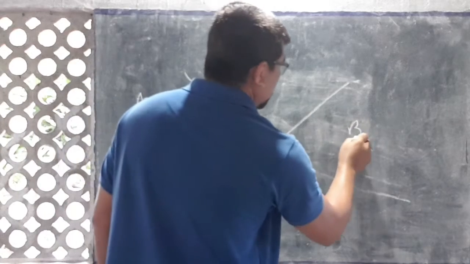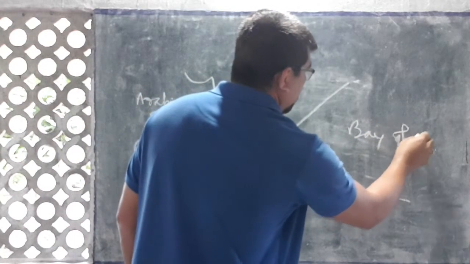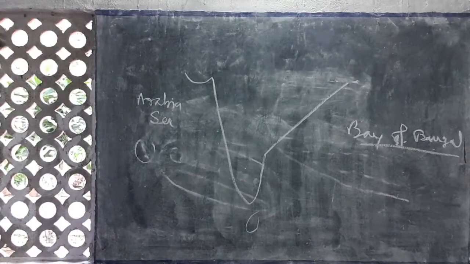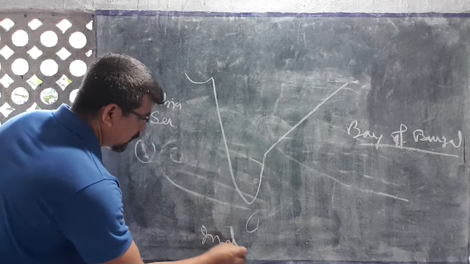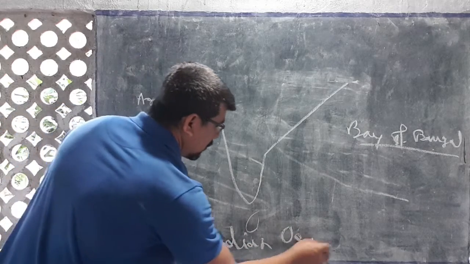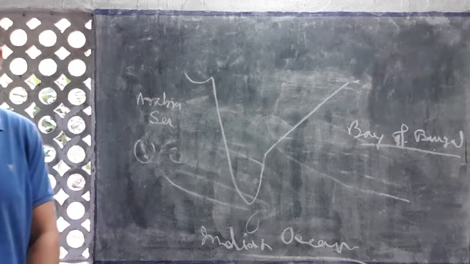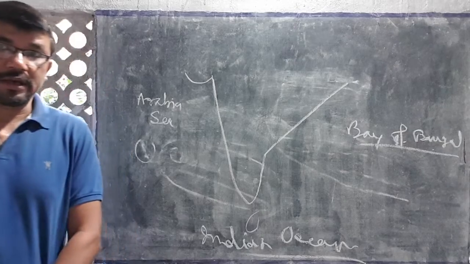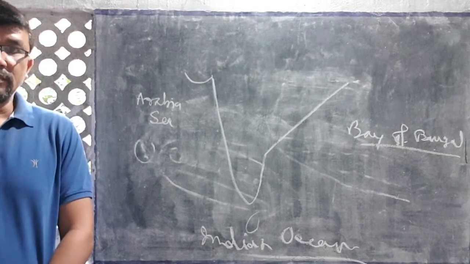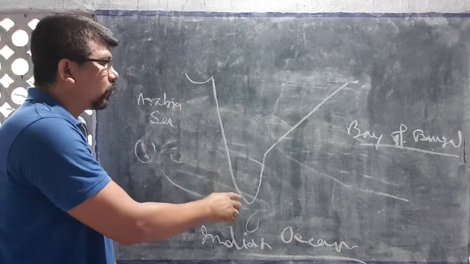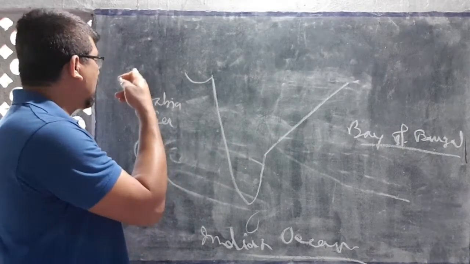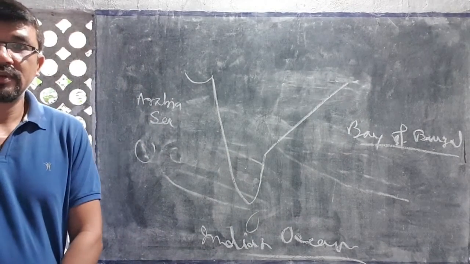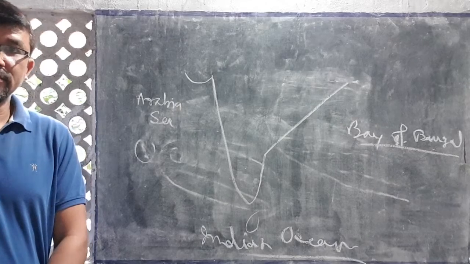It is the Bay of Bengal, and it is known as the Indian Ocean. Yes, it is the triangular shaped peninsular region of India. And here is located the coastal region, which is connected with the Arabian Sea, Bay of Bengal and Indian Ocean. Okay?